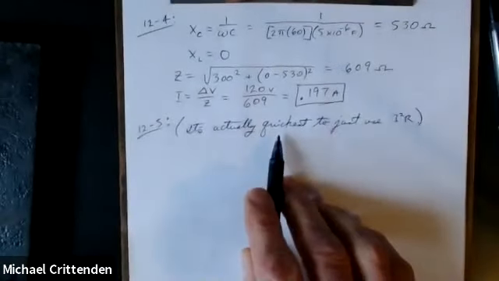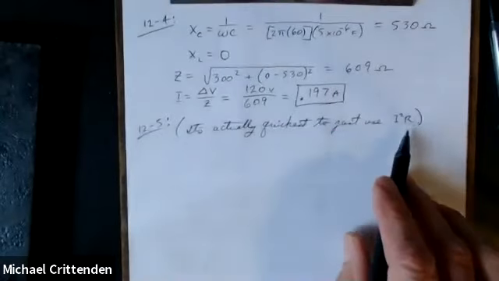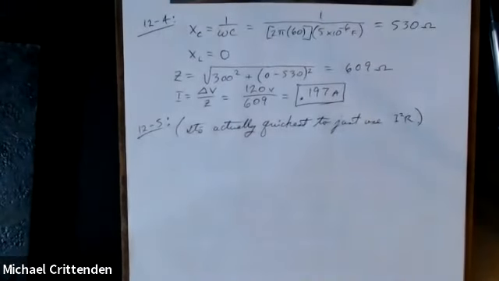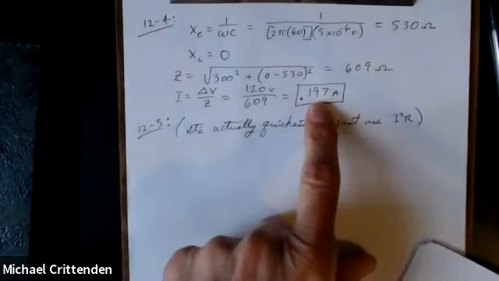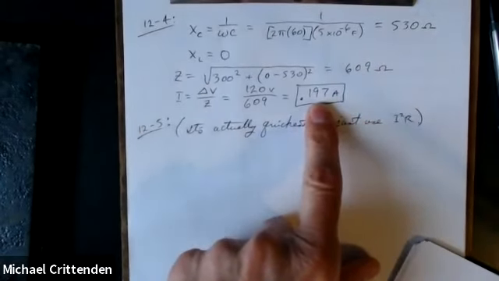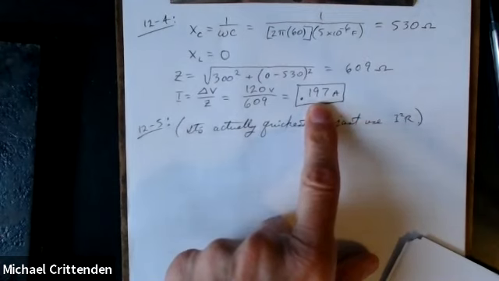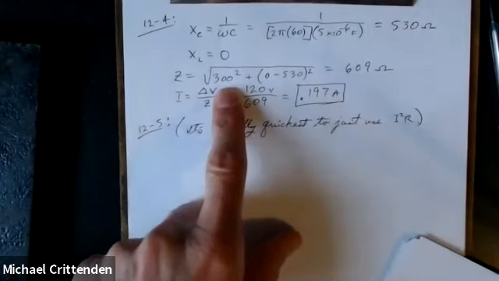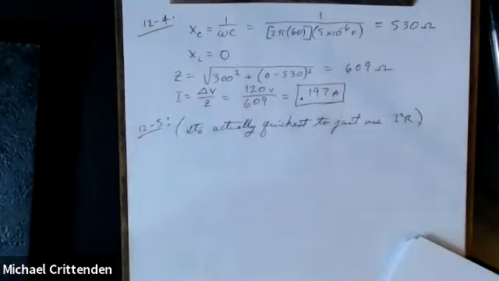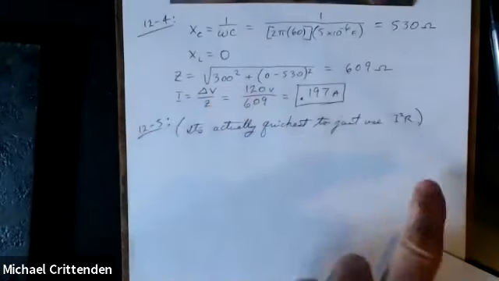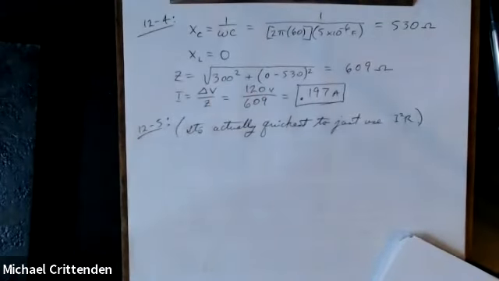It's actually quickest to just use I squared times R. In this particular question, we know the current because that was the answer to the previous question. And we know the resistance because it was given in the question, 300 ohms. And so I squared times R, bang, there's the answer.